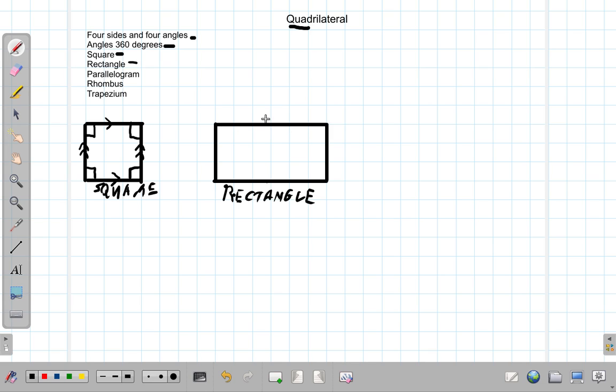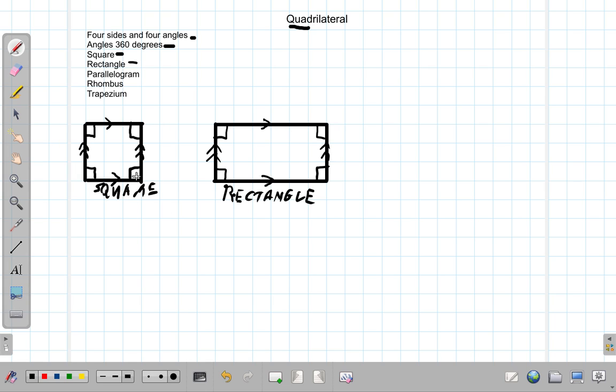Now, with the rectangle, the opposite sides are parallel. Top and bottom are parallel. The left and right, they are parallel. And we have therefore 4 right angles. All angles are equal and they add up to 360 degrees, as is the case with all quadrilaterals.